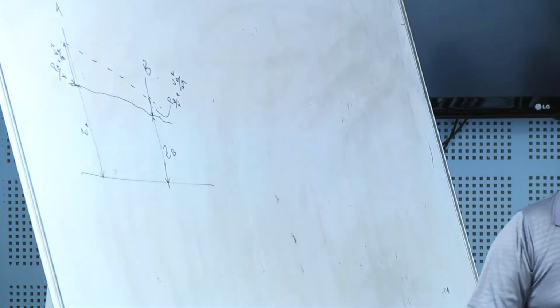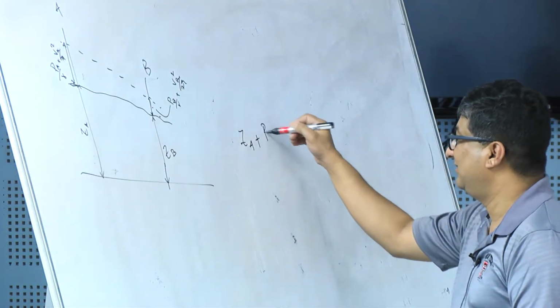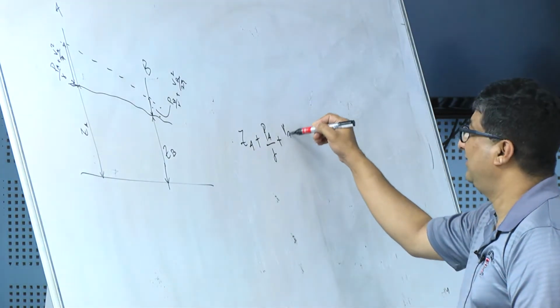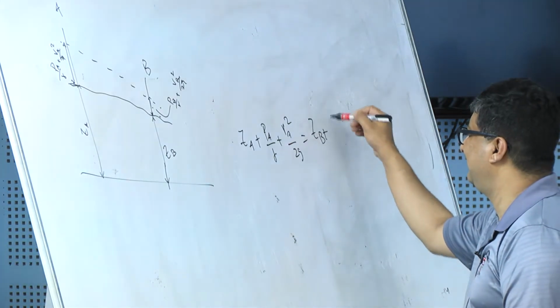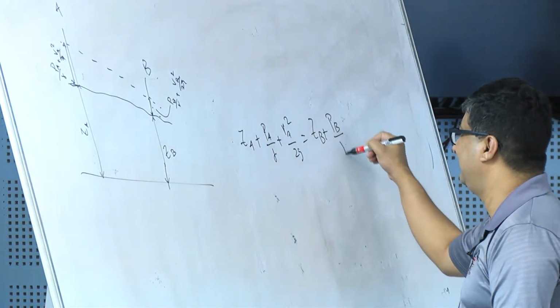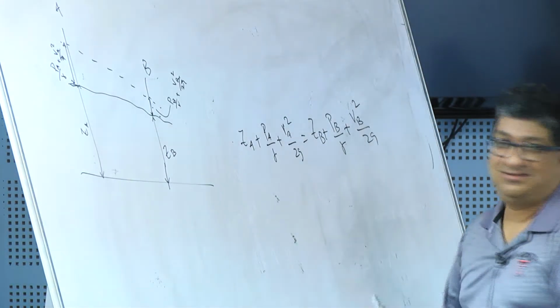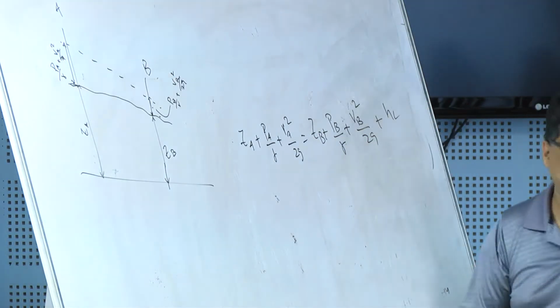Conservation of energy tells us that energy at A equals energy at B plus some head loss.